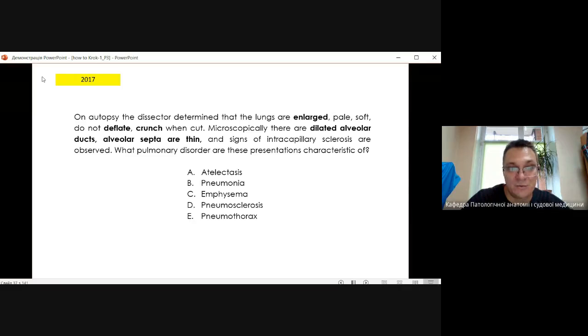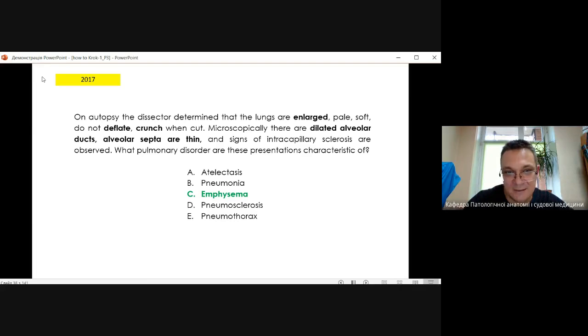Which pulmonary disorder is this presentation characteristic of? C, for sure. Yeah, the lungs are not deflating, they are crunchy, there is some kind of crepitation, dilation of alveolar ducts, nothing else but emphysema. Sure, that's the correct answer. That's not pneumothorax, that's not pneumonia, that's not atelectasis.